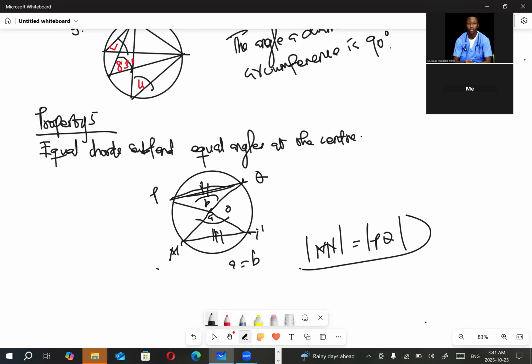You might meet this. Then you will also be told O is the center. So there wouldn't be any markings on the line, but you have this inscription. Just remember, equal chords raise equal angles at the center. So A equals B or B equals A.